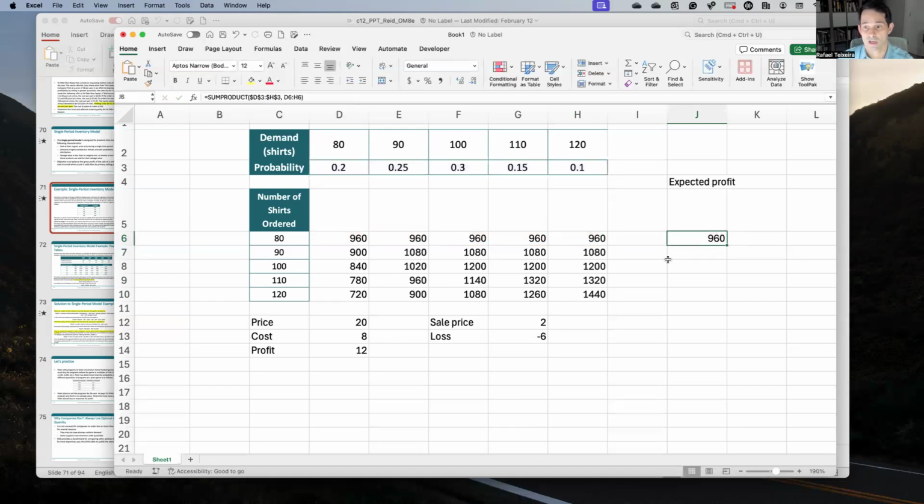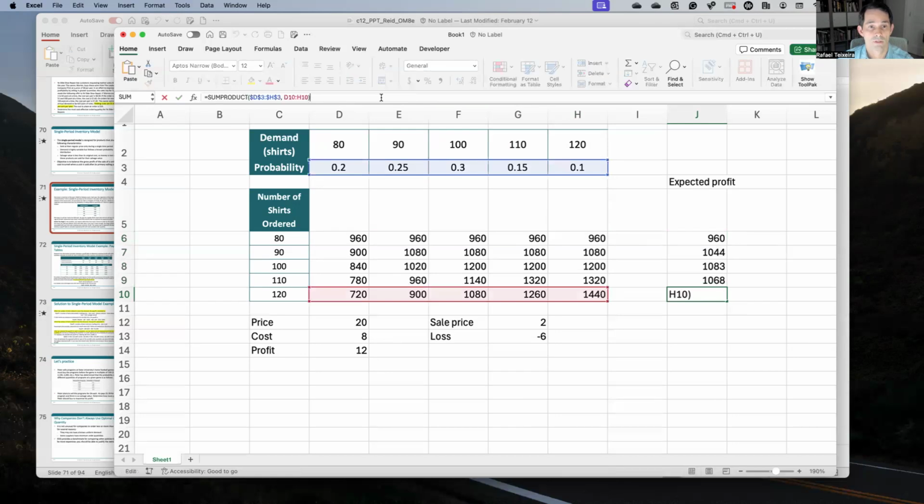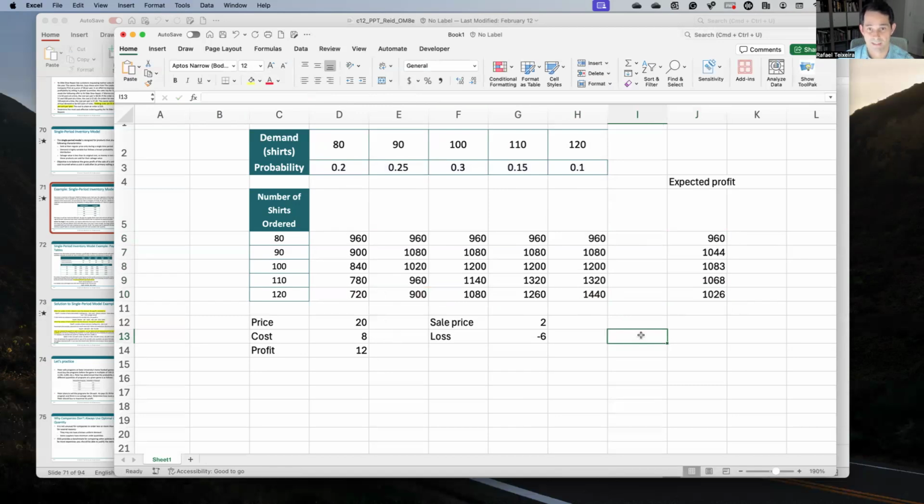Okay, it's locked. Now I can simply copy the function, go to the bottom, and click just to check that the probability is still locked, and I'm getting the last row, which is what I was expecting.